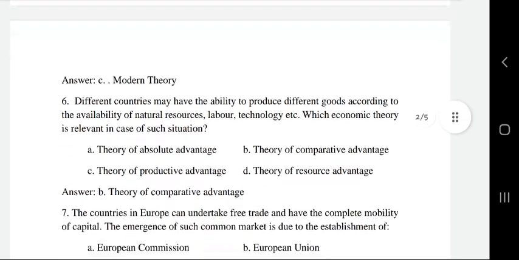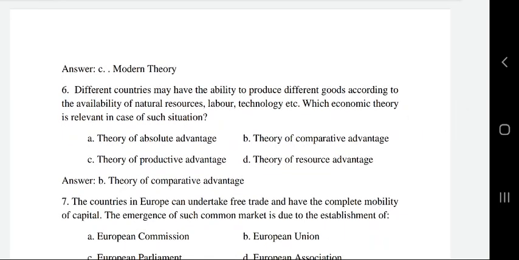Question number 6. Different countries may have the ability to produce different goods according to the availability of natural resources, labor, technology, etc. Which economic theory is relevant in such a situation? Options are theory of absolute advantage, theory of comparative advantage, theory of productive advantage, and theory of resource advantage. The answer is theory of comparative advantage.